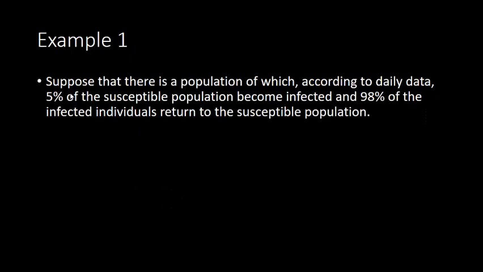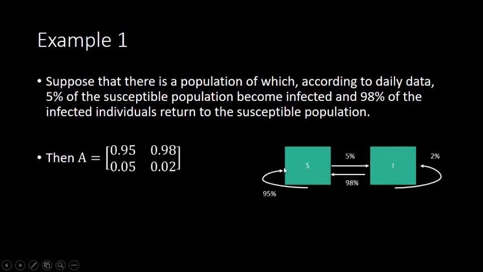So, example 1. Suppose that for a population, the probability of a susceptible individual becoming infected is 5%. Of the infected individuals, 98% of those can return to the susceptible population. Now, in this example, there is no recovered group.